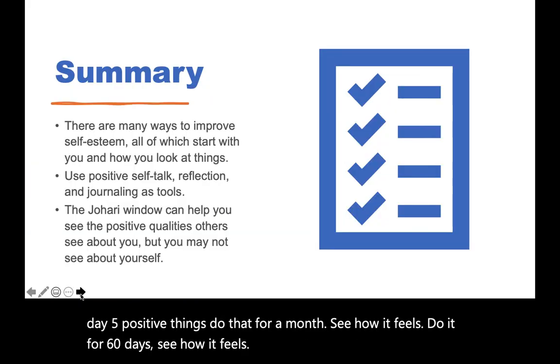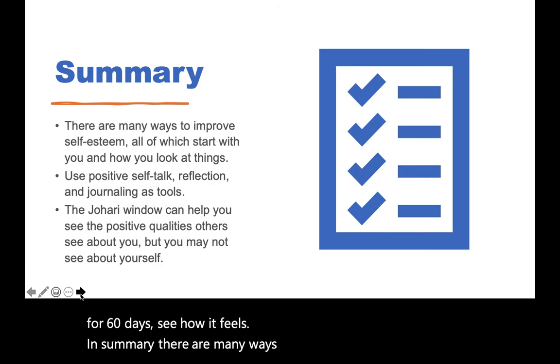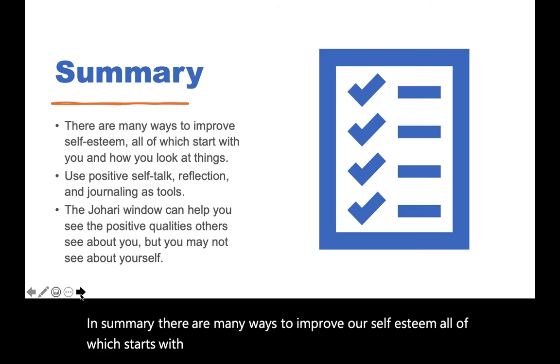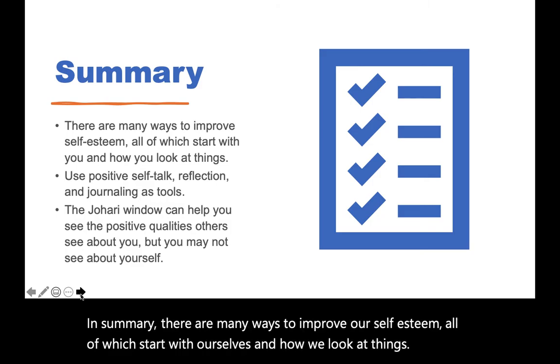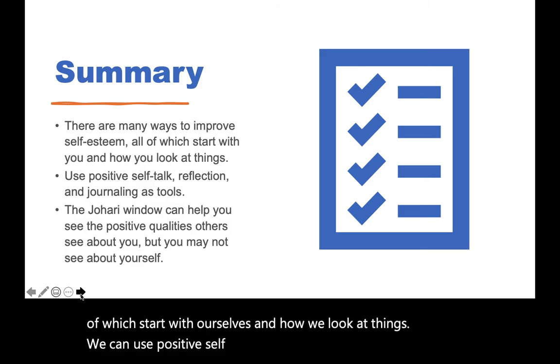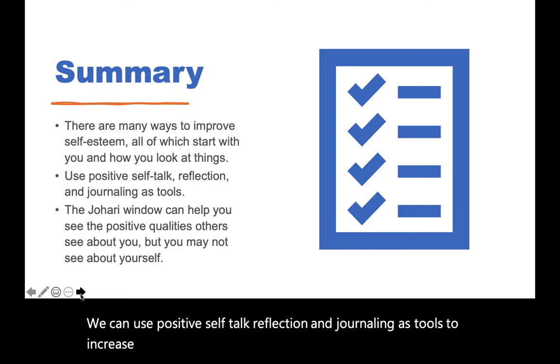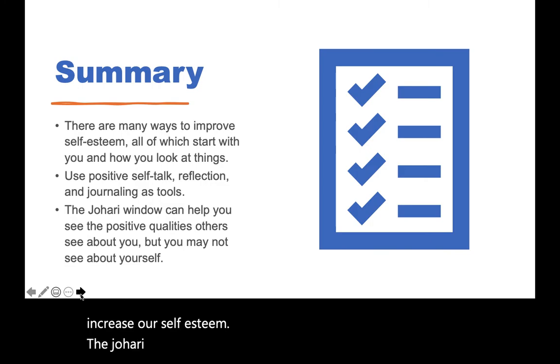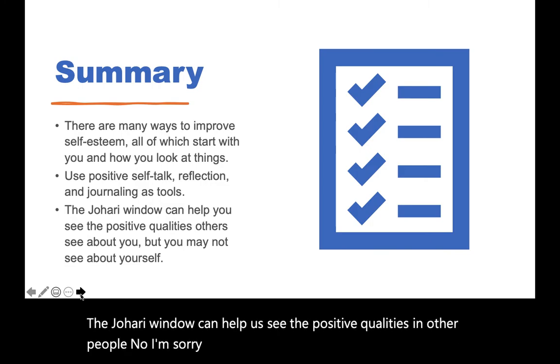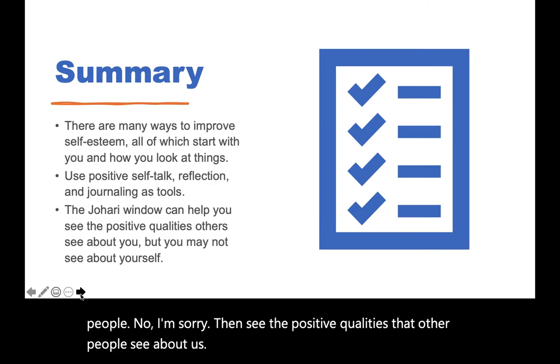In summary, there are many ways to improve our self-esteem, all of which start with ourselves and how we look at things. We can use positive self-talk, reflection, and journaling as tools to increase our self-esteem. The Johari window can help us see the positive qualities in other people, and see the positive qualities that other people see about us, but that we might not see about ourselves.